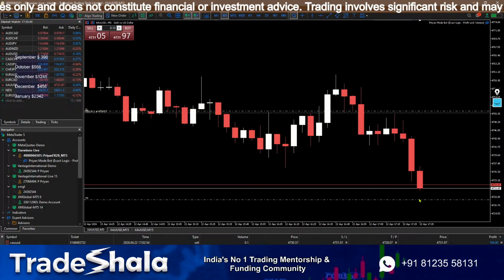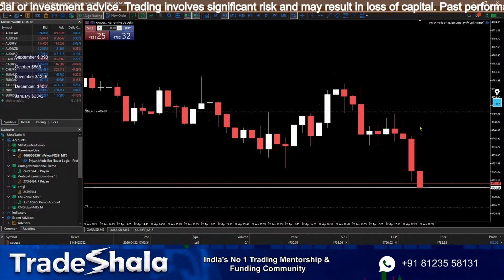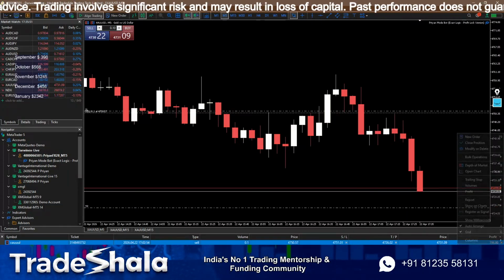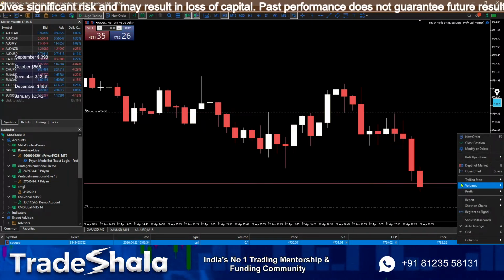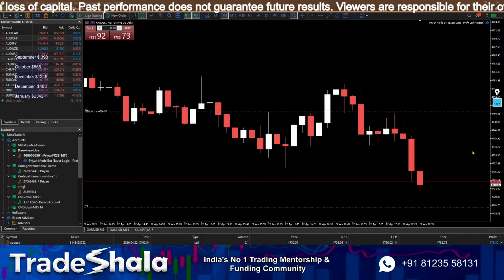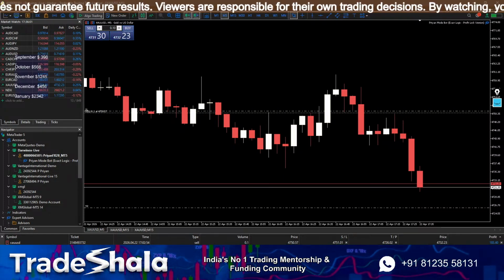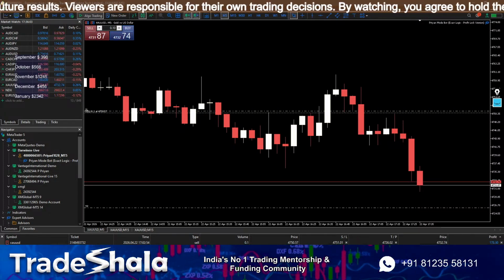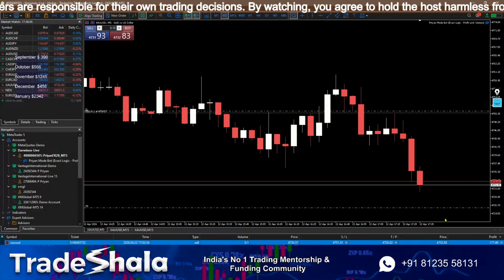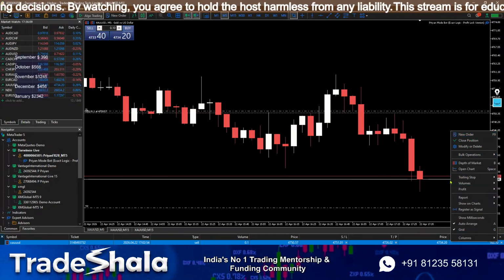Okay, we are $180 something in profit. I'm just going to close partials. Okay, we are up $180 in profit, so I'll just modify the position. No, it's not modify, it's close. Now if I close, everything will close. Wait, I'll do this in mobile.